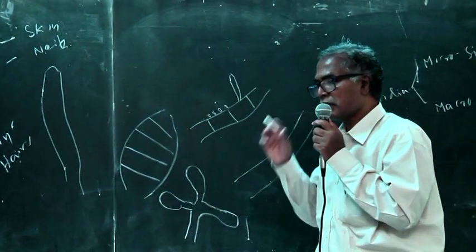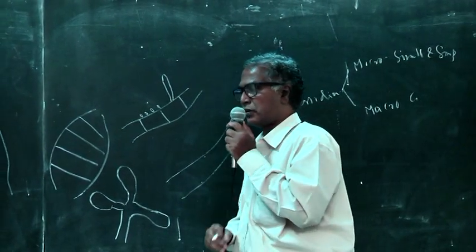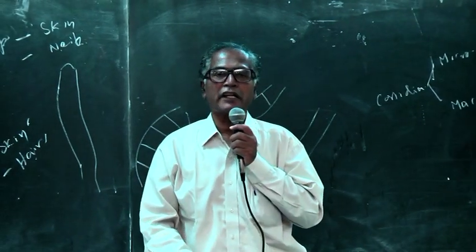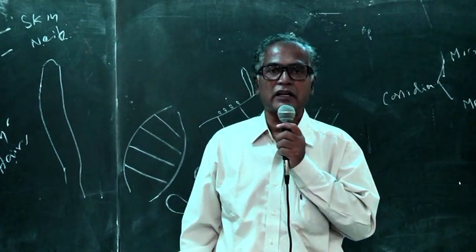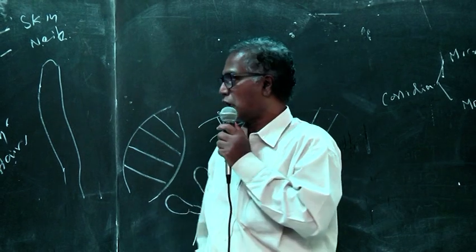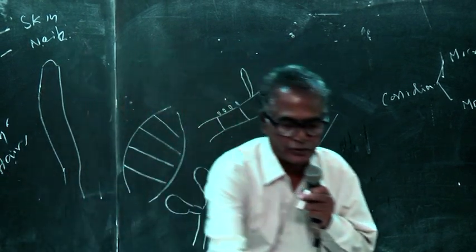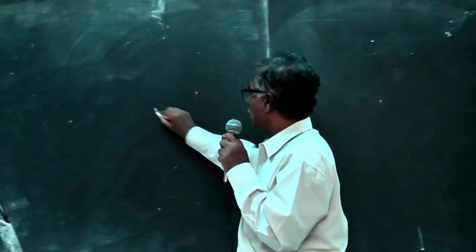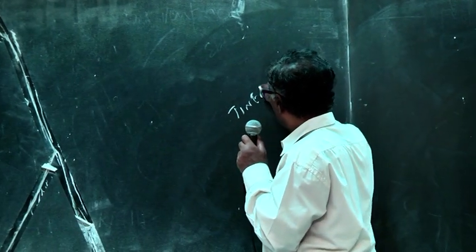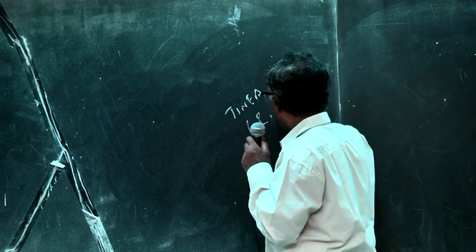Then, what are the types of infections it produces? The infections produced by dermatophytes are called dermatophytosis, or otherwise called tinea, otherwise called ringworm.